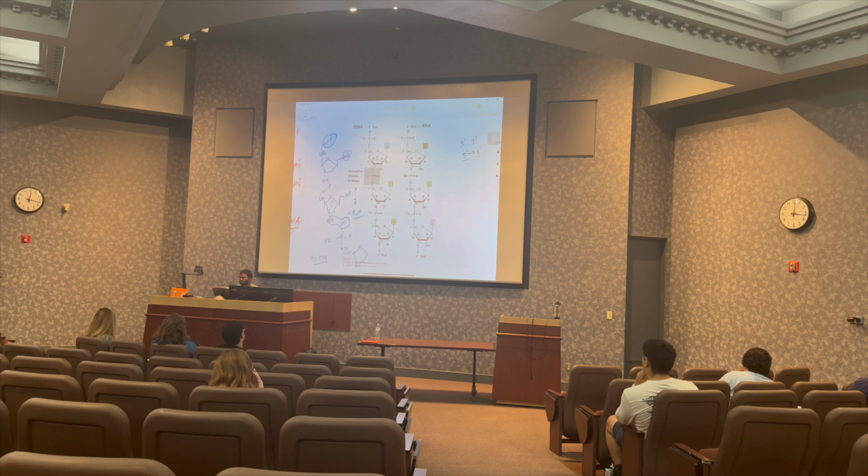Did you get this? Yes or no? This is your nucleotide, with a nitrogenous base, a sugar, and a phosphate, right? You have another nucleotide here, but this one has a phosphorus attached with oxygen and hydrogen, and the OH will be removed as H2O, and this oxygen will bind with the phosphorus oxygen.